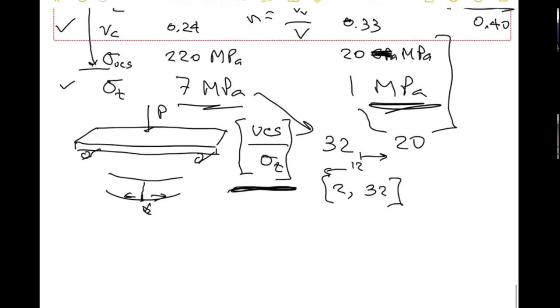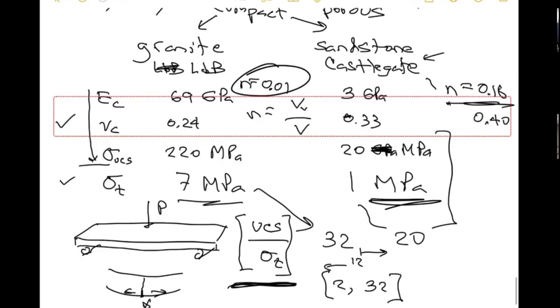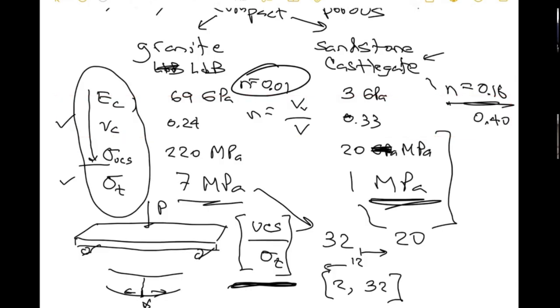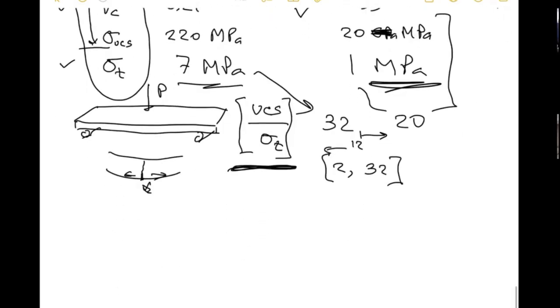And so when we want to build a bonded particle model, at the very minimum, we would like to match these things. What we found out the hard way after many years is that if you build a parallel bonded material, this ratio is basically always going to be less than or equal to about 5.